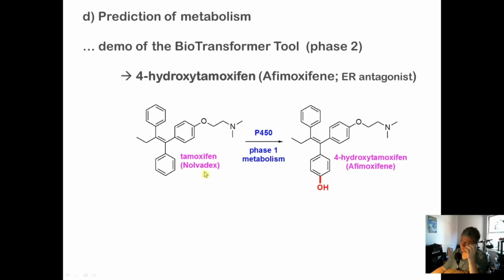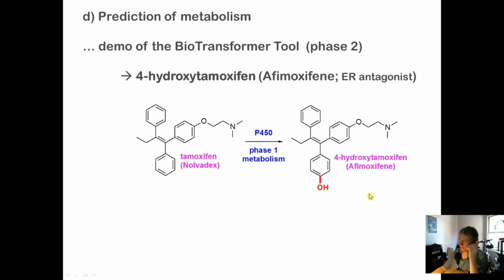It's not an active drug. And so it is phase 1 metabolized in your liver to hydroxylate, I think, this position on this benzene, so you get this 4-hydroxytamoxifen. And this is the actual drug that has an effect in your estrogen receptor.